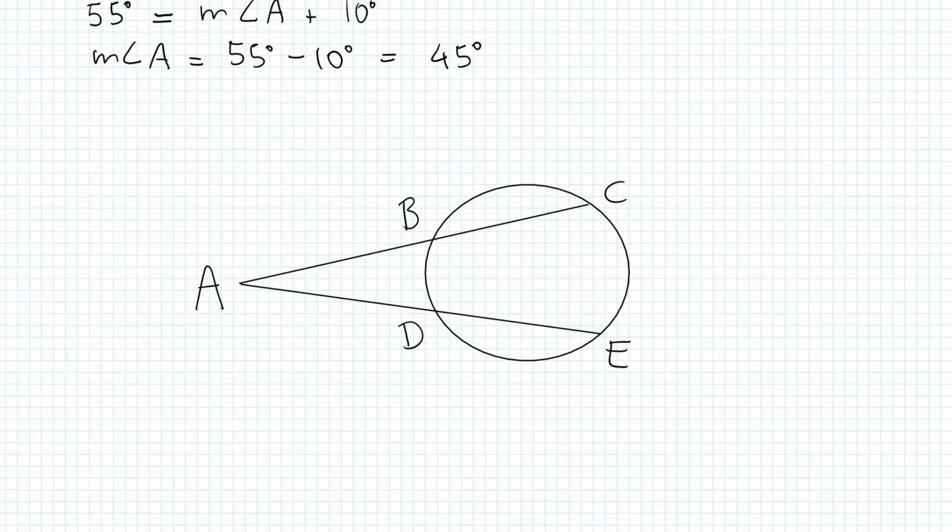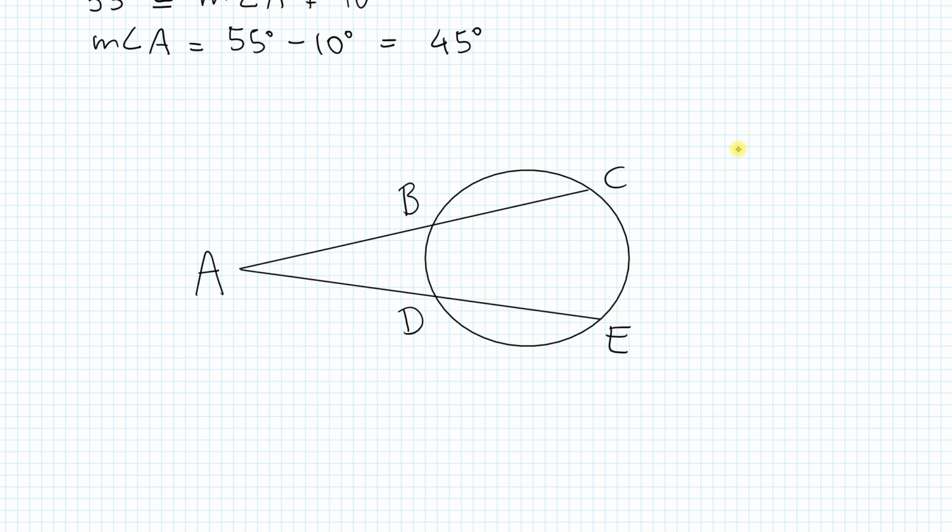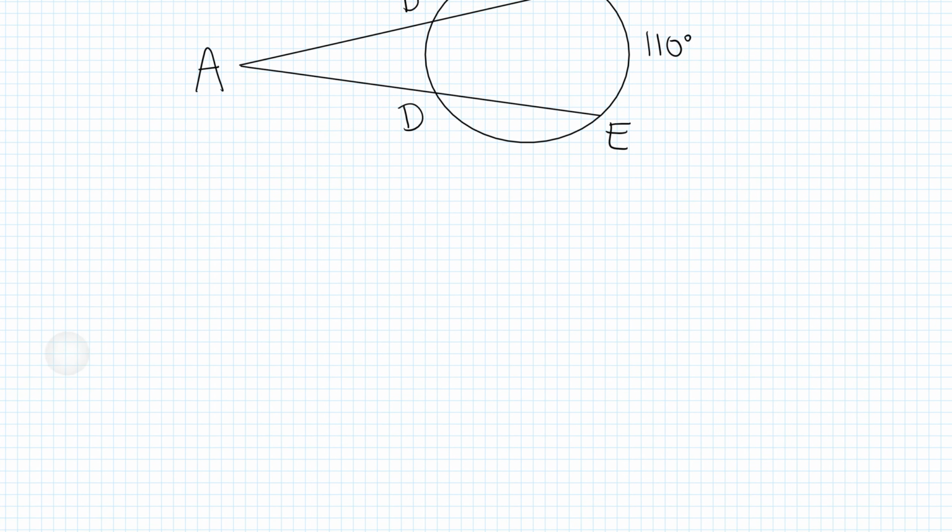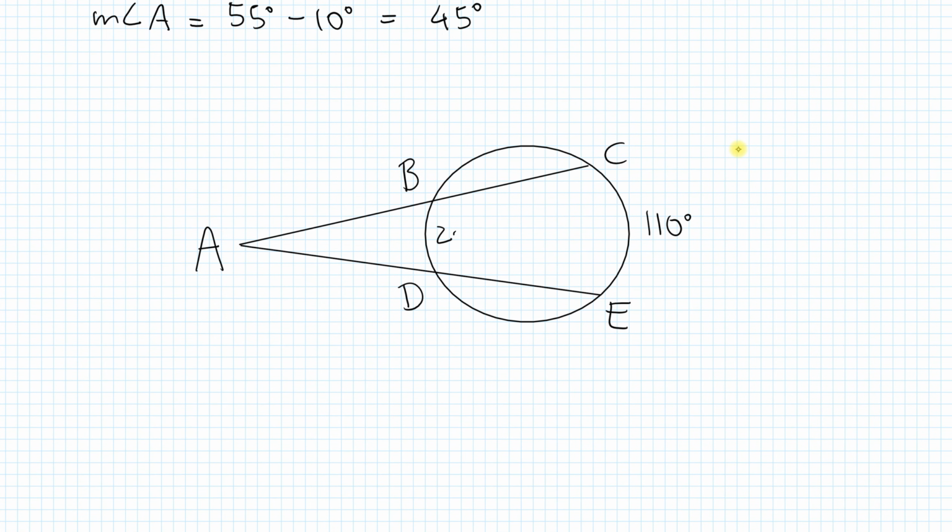So according to the do now, the measure of arc CE is 110 degrees, and the measure of arc BD is, what was it? Let me see, 20 degrees, okay? And we were able to figure out that the measure of angle A was 45 degrees, okay?